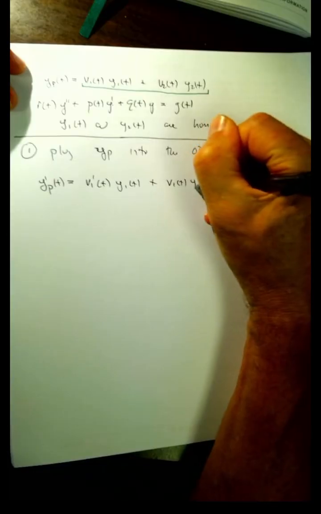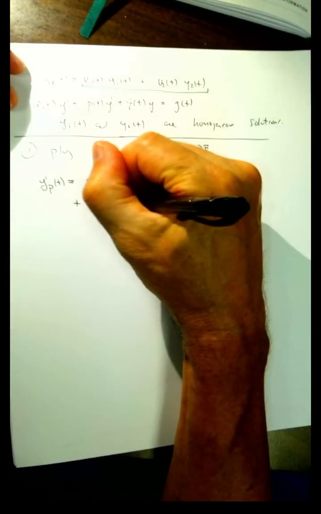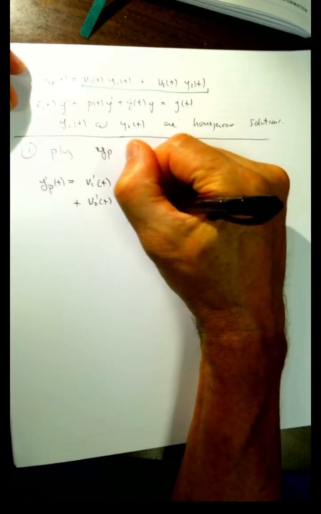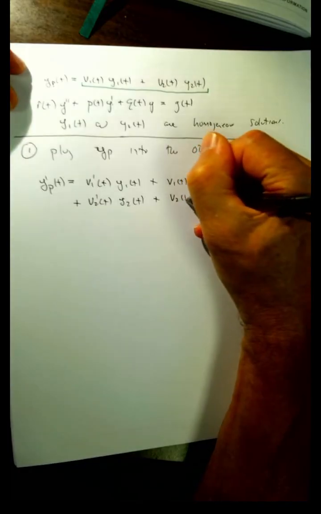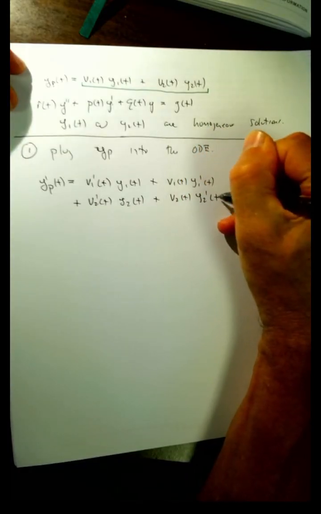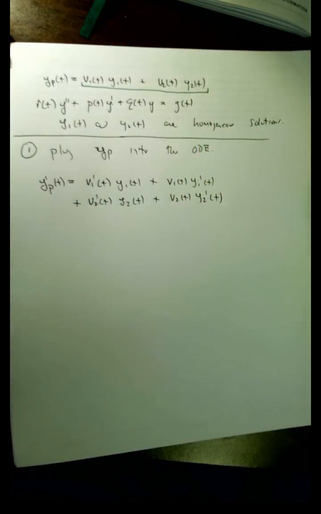So I'm going to have v1 prime y1 plus v1 y1 prime. And now the derivative of the second term is going to be v2 prime times y2 plus v2 times y2 prime. Okay, so we have 4 terms.